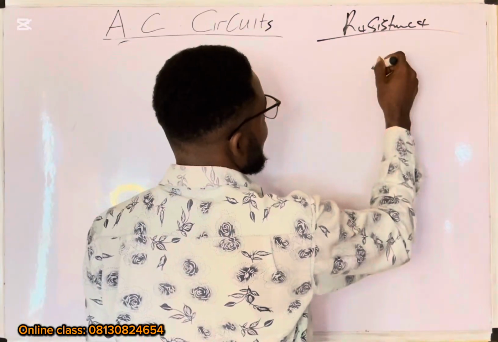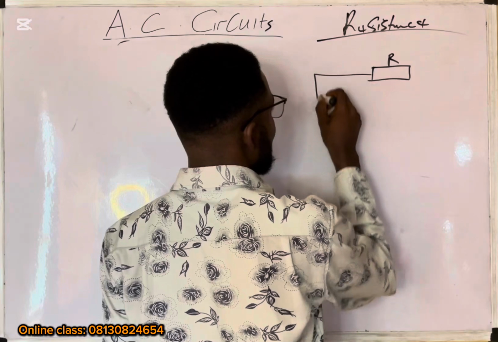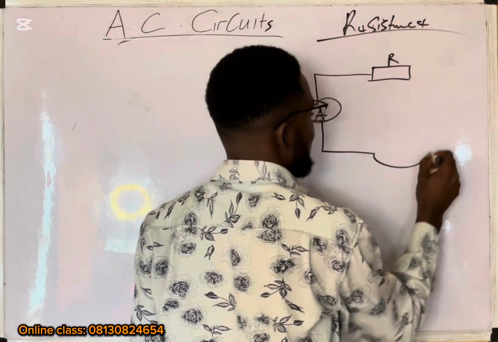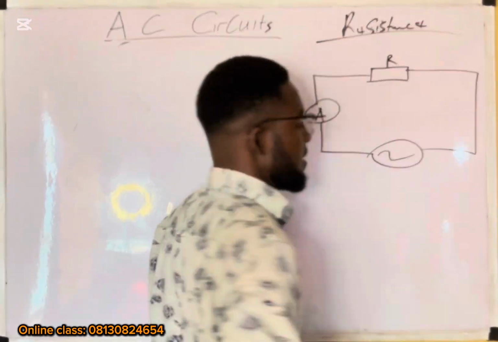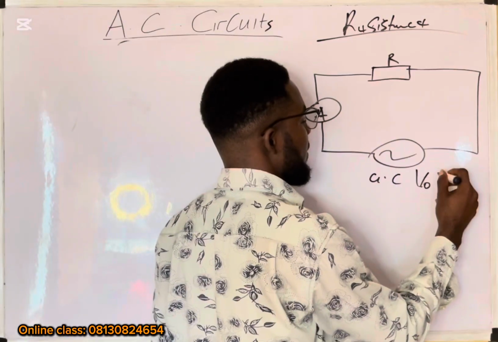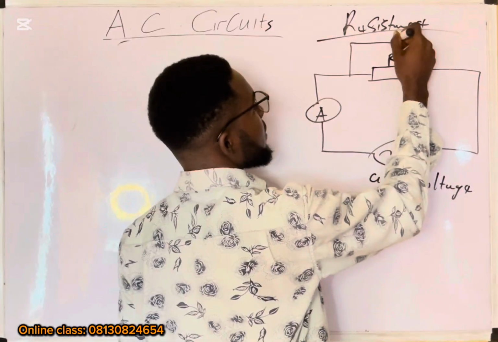If this is the circuit, this is a resistor, this is the ammeter, this is the AC voltage source, this is the resistance, and of course, the voltmeter.